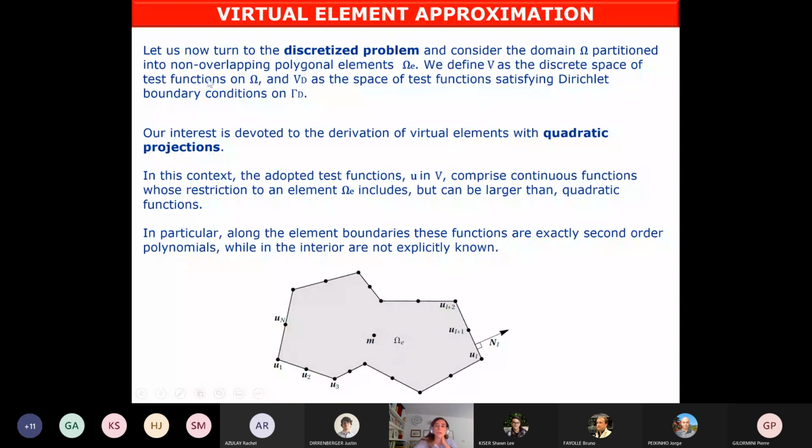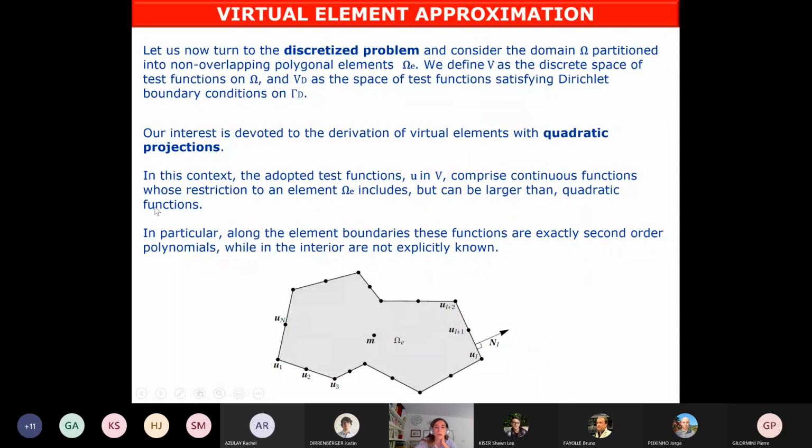In particular, we are interested in virtual elements characterized by a quadratic projection, so in which the polynomial part explicitly evaluated is considered quadratic polynomials.